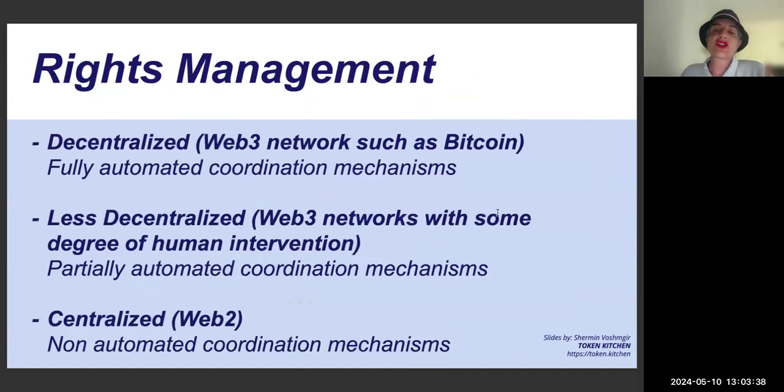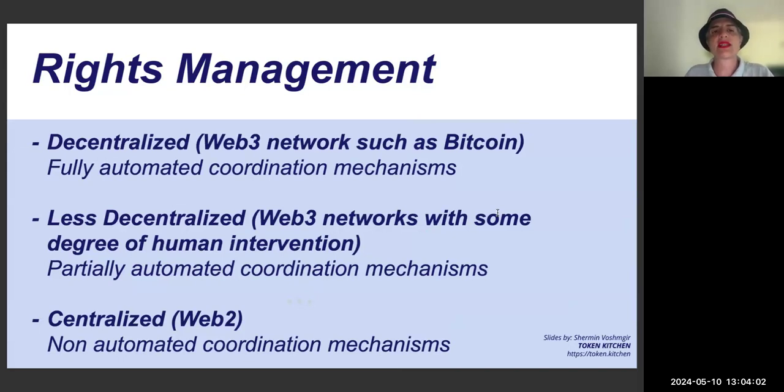So rights in general can be managed in a centralized way, in analog or Web2-based systems, through non-automated or maybe semi-automated coordination mechanisms. But in Web3, we like to use the word decentralization.